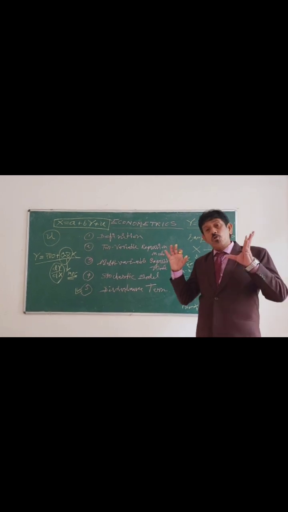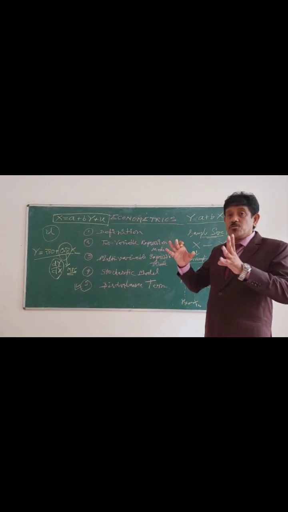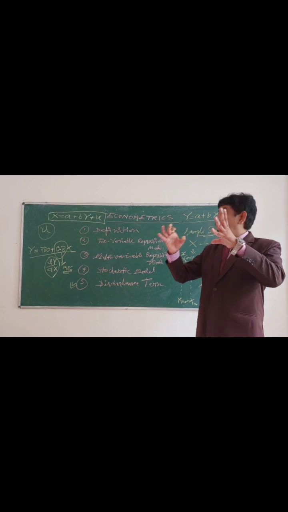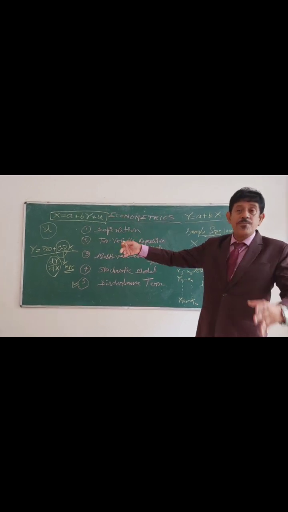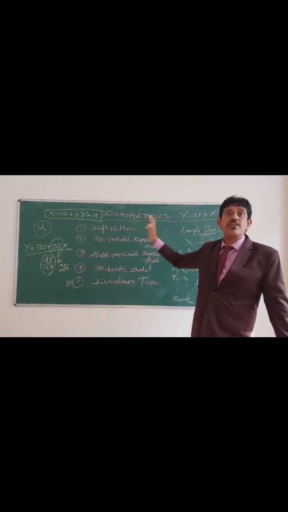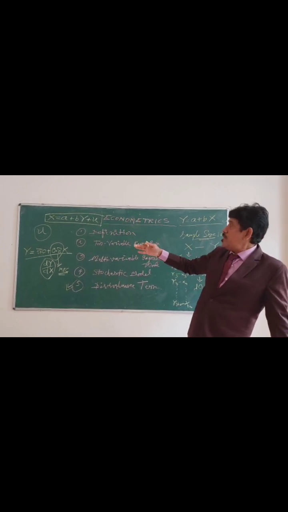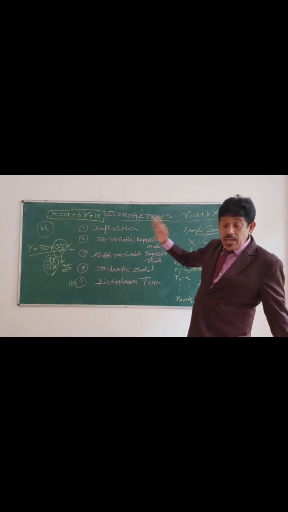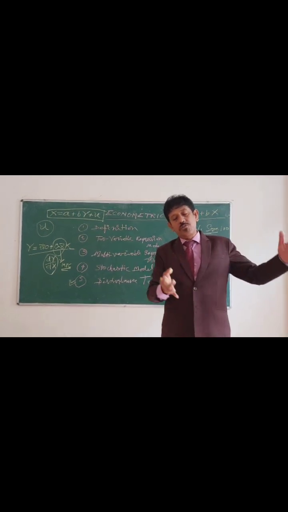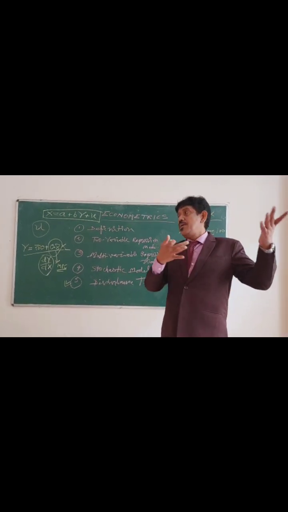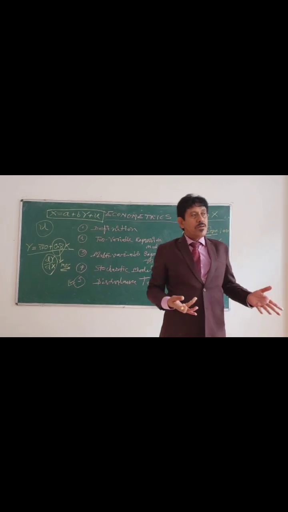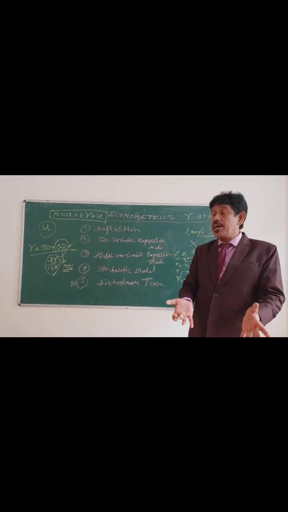So all those influences are brought under the umbrella which is known as the disturbance term. Besides income, consumption is influenced by family size. It is influenced by the economic conditions prevailing in the country.